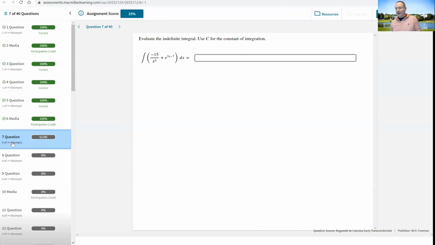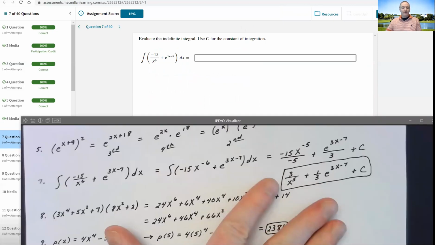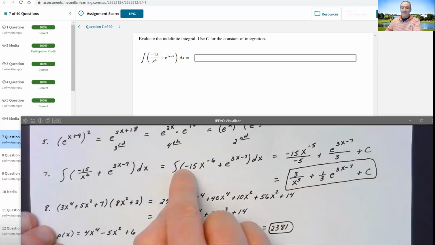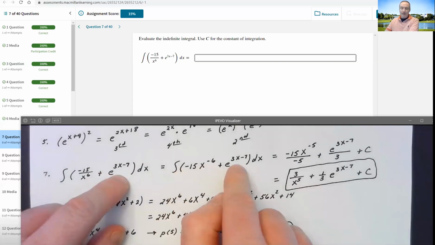Now, for number 7, gorgeous problem. I'll show you the work that I did here. We have the integral of negative 15 over x to the 6th plus e to the 3x minus 7 power with respect to x. What I did is I rewrote the first one as negative 15x to the negative 6th plus e to the 3x minus 7.